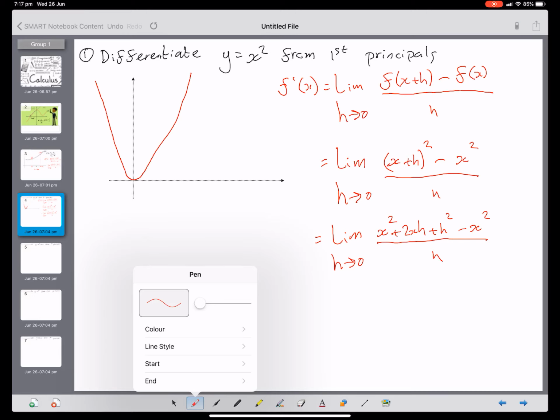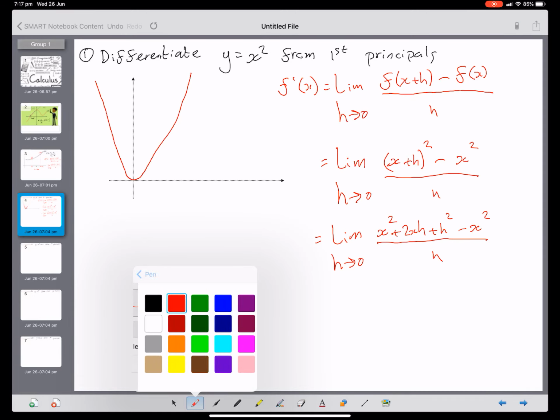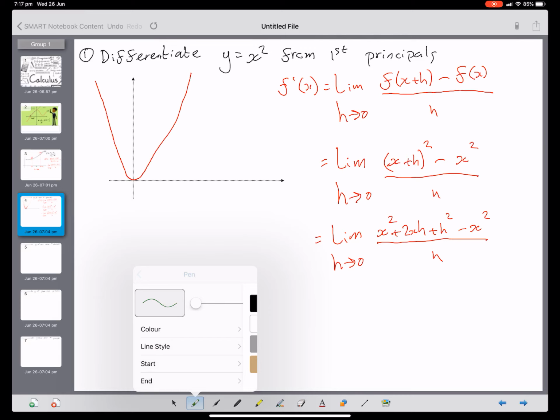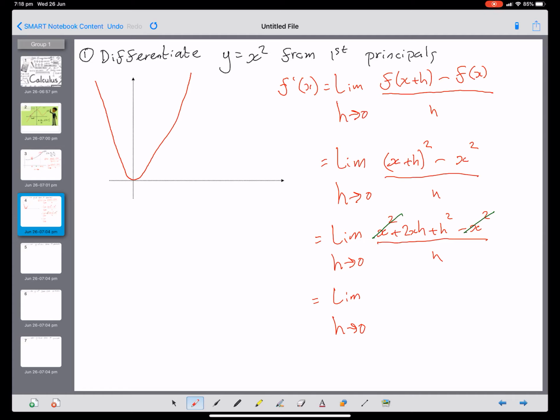So let's see if we can get rid of some values. So the x squared goes, and we are left with limit h to 0, and we can factorize the remaining values to get 2x.